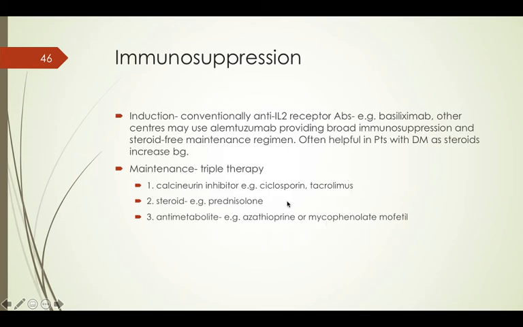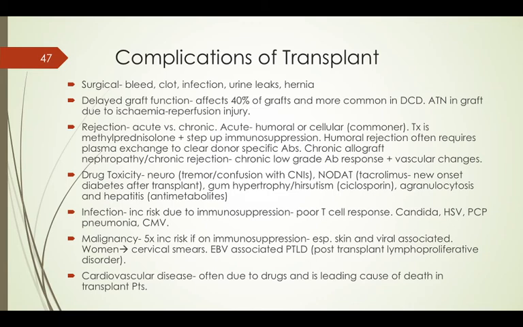Also steroids, methylprednisolone is a common one used, and then finally antimetabolites, things like azathioprine. Always make sure to check TPMT activity, thiopurine methyltransferase activity in those who are about to take azathioprine, and also check mycophenolate. Mycophenolate is another option in the antimetabolite group.